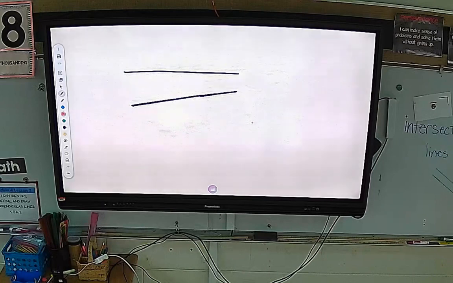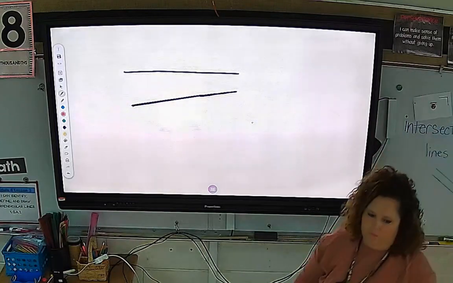All right, lots of other examples in the room. Gage, what do you think? This paper, same thing, like the edges. Yeah, these would be parallel to each other. If I tore this out and you could see the edge up there, those two lines would be parallel to each other. What else?